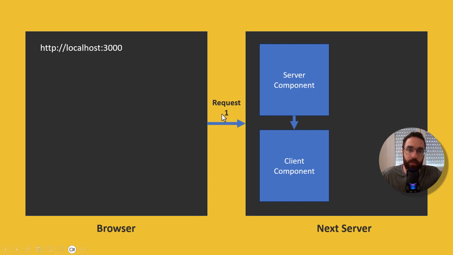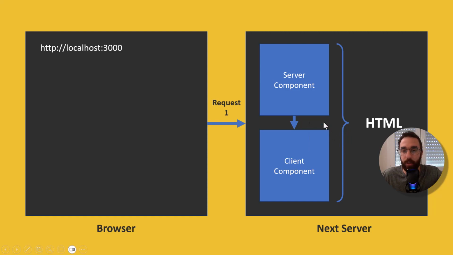It makes its first request to the server, which is the Next server, either localhost or on Vercel. And let's suppose that the request is requesting a server component, and inside that server component we have a client component. So in the initial request, what happens is that the Next server renders both the server component and the client components.